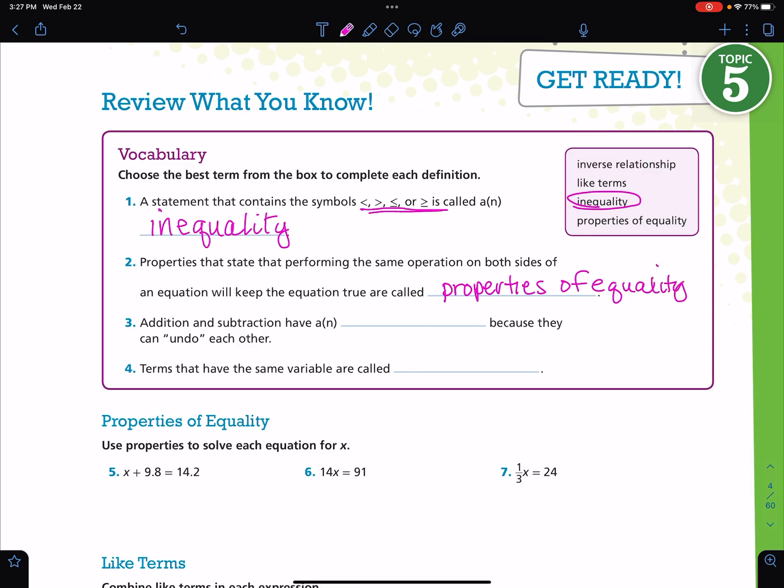Addition and subtraction have an inverse relationship because they can undo each other. Terms that have the same variables are called like terms.